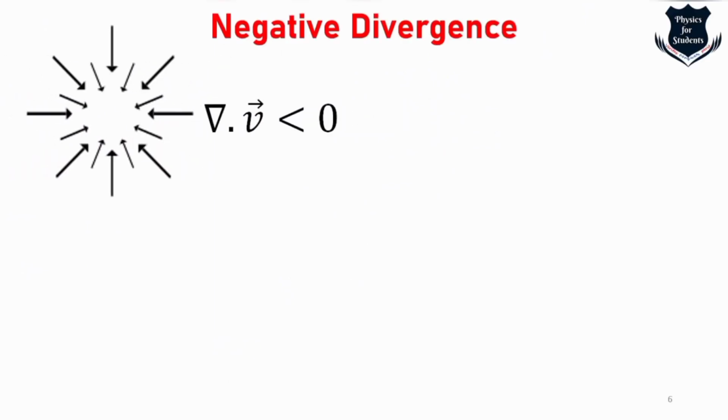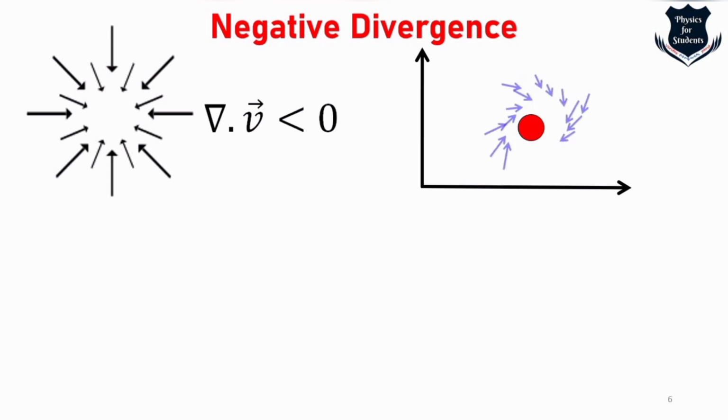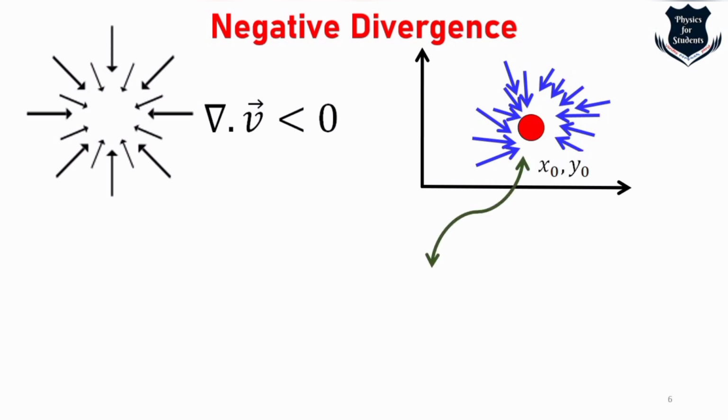So consider the next part, which is the negative divergence. We will consider the same when this is less than 0, and you see that the radial vectors are pointing towards the center. We take the same kind of analogy, which will be easier for you to understand: an xy axis with a point, and here, as you will see, these arrows are pointing towards this particular point, right? So we take x0, y0 as any point, and what we get is that the divergence is less than 0.